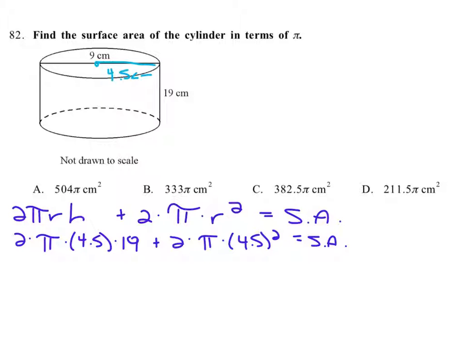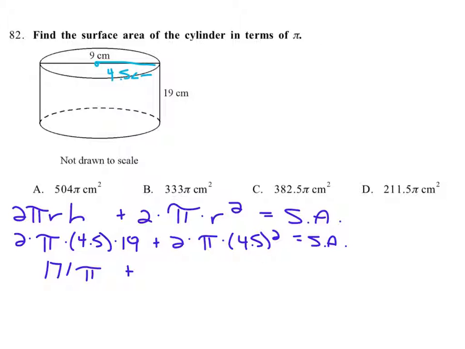So if we multiply these numbers here together, we get 2 times 4.5 is 9. So then 9 times 19 is 171. So we've got 171 pi, plus, we will multiply these numbers together. Well, actually, the first thing we need to do is we need to square 4.5.